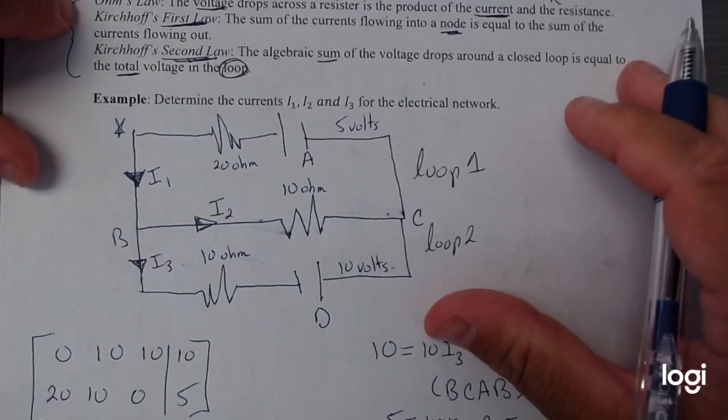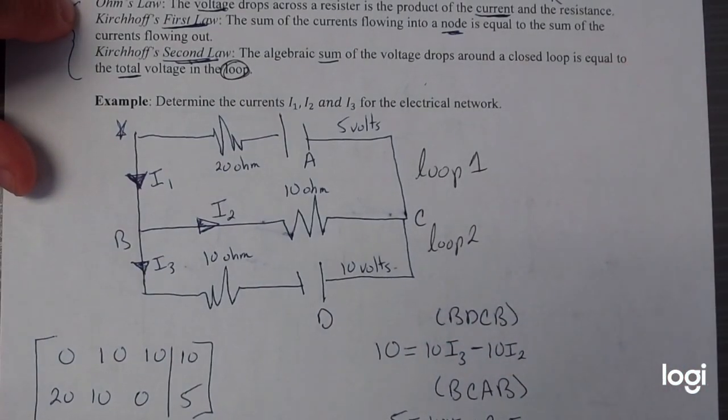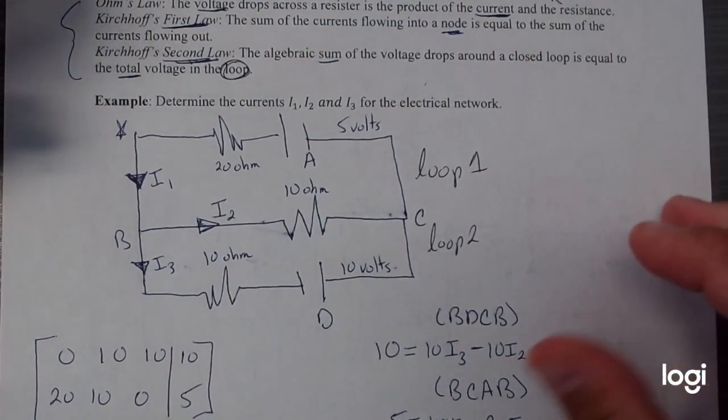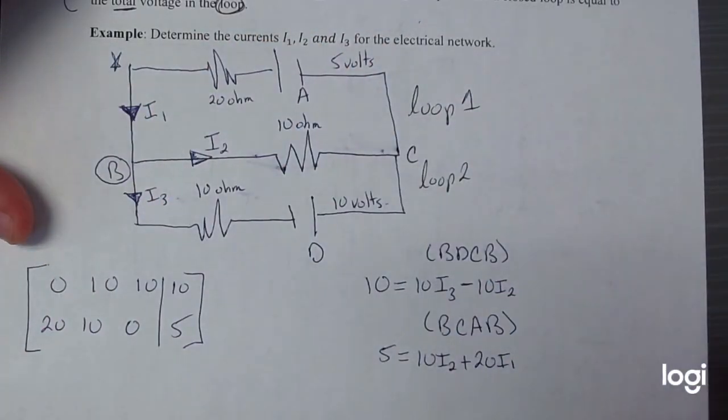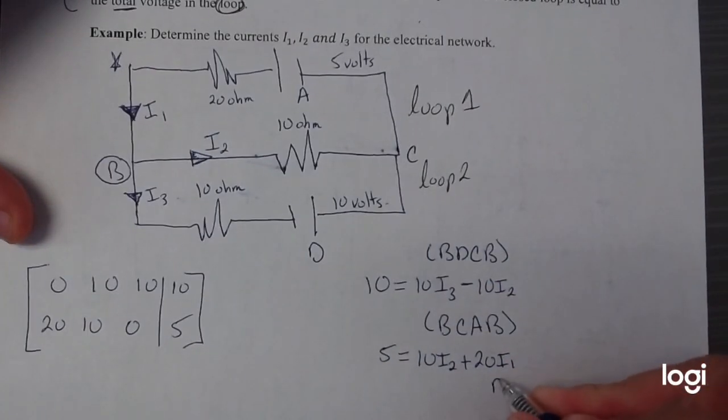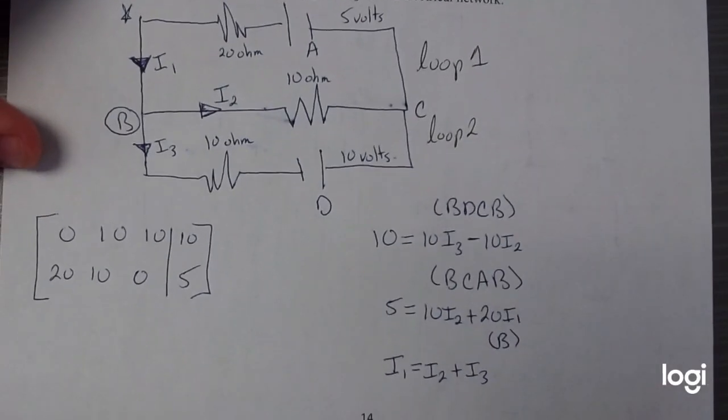Remember, this one says the sum of the currents flowing into a node is equal to the sum of the currents out. Now, B is our only node where currents are going in and out. So at node B, we have total in, which is I1, is equal to total outputs, which is going to be I2 plus I3.